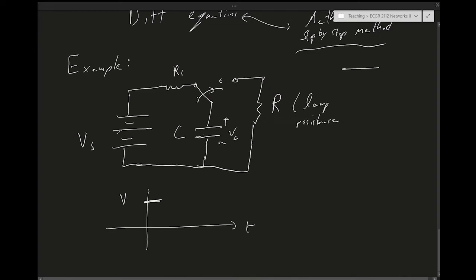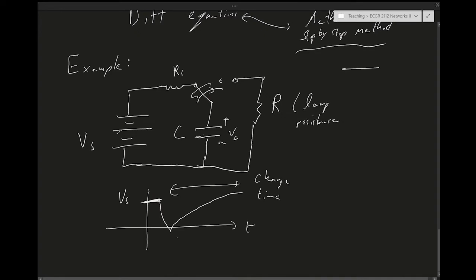Initially, we will be at Vs, which is the battery voltage, and then when the switch gets thrown, the capacitor will quickly discharge. This will generate the flash, and then once the switch goes back towards the battery, the cap will charge up again. So this is the charge time.